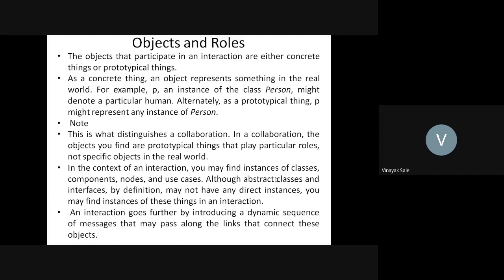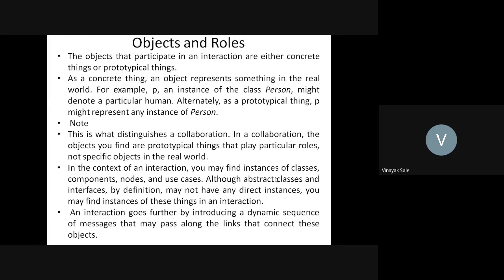For example, p, an instance of class Person, might denote a particular human. Alternatively, as a prototypical thing, p might represent any instance of Person. That is what distinguishes a collaboration. In a collaboration, among objects you find prototypical things that play particular roles, not specific objects in the real world.